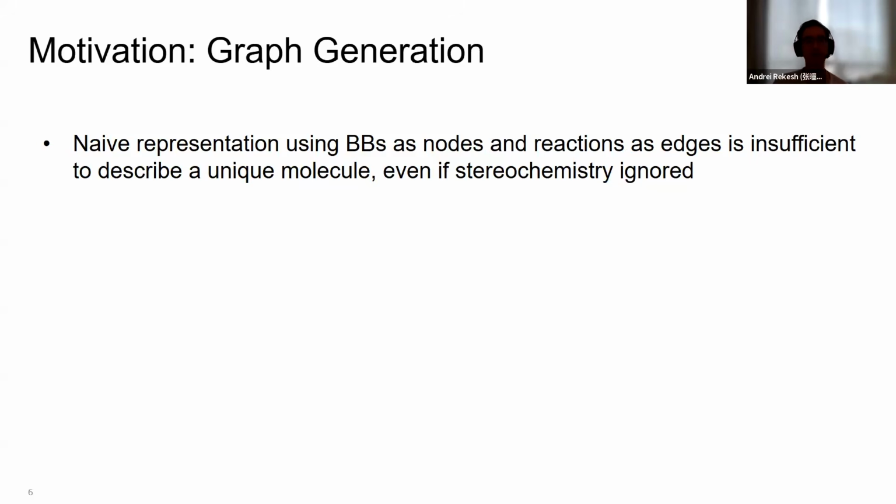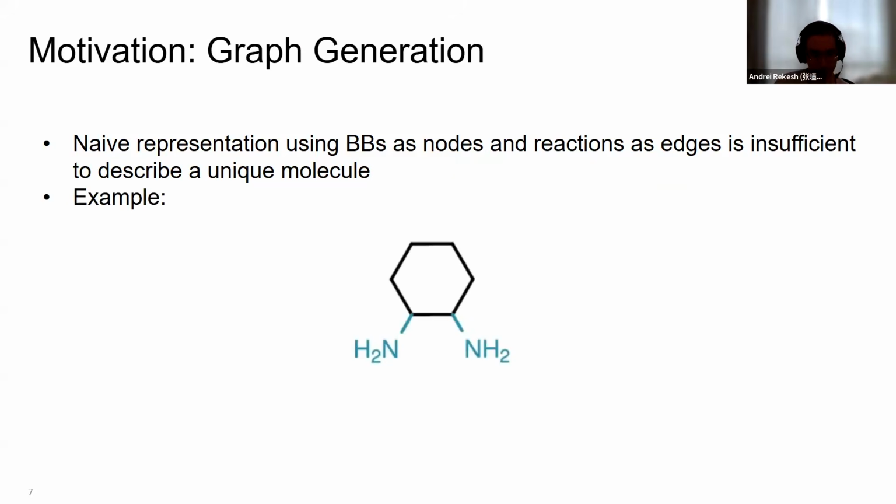In general, the naive representation was just one building block as a node and one reaction, or bond formed by a reaction, more accurately, as an edge. It's not quite sufficient to describe a unique molecule, even if we're not considering stereoisomers or chirality.